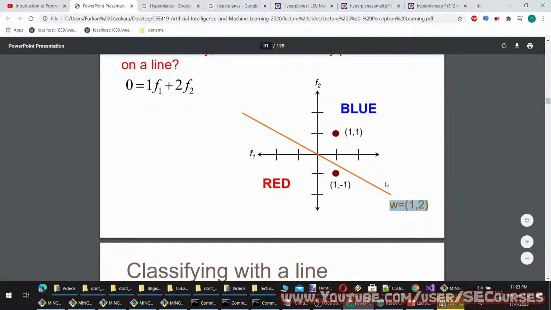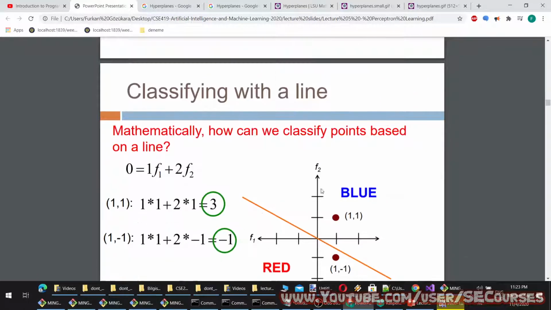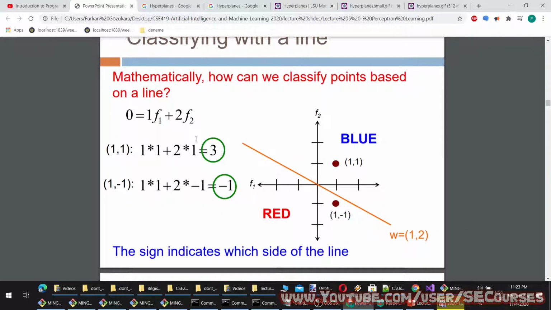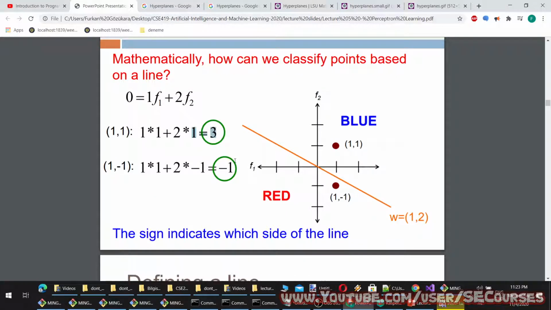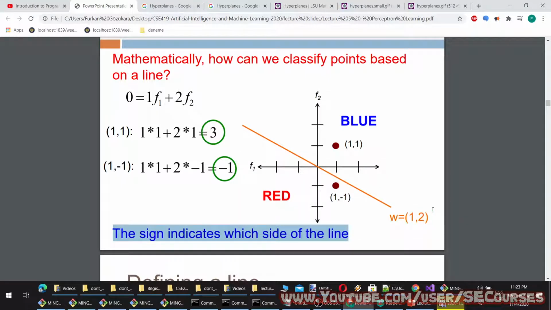So this is a classifier satisfying line. You see these are the results. The sign indicates which side of the line.